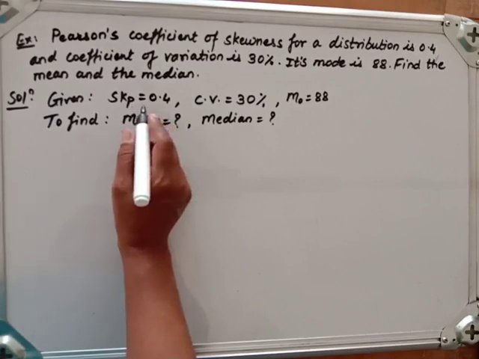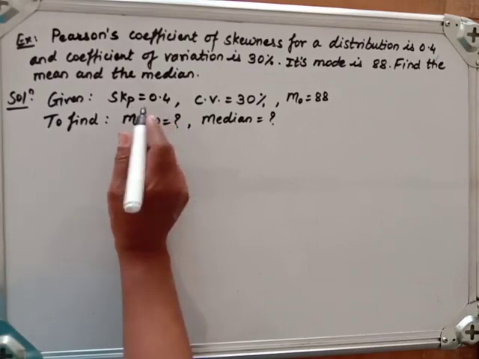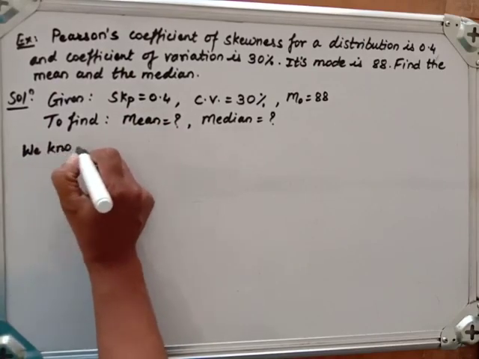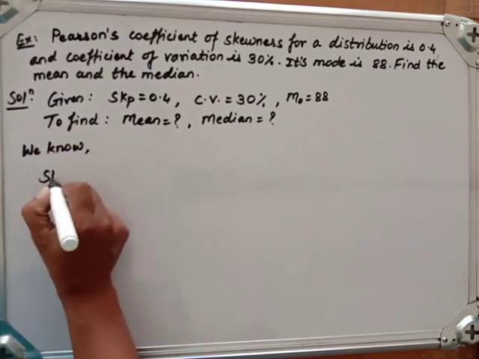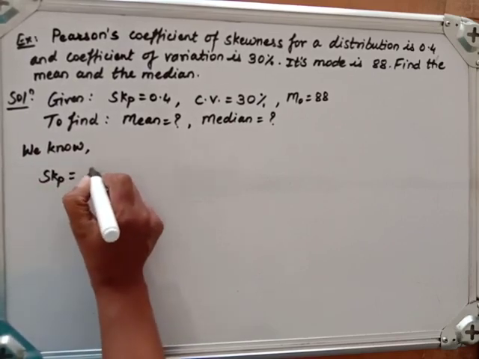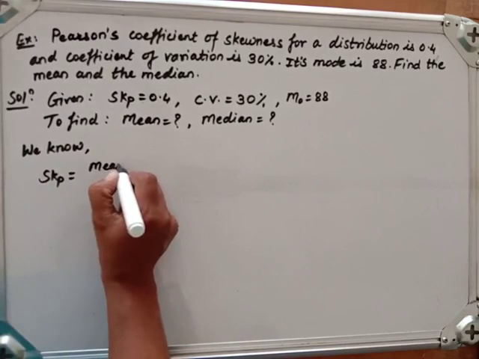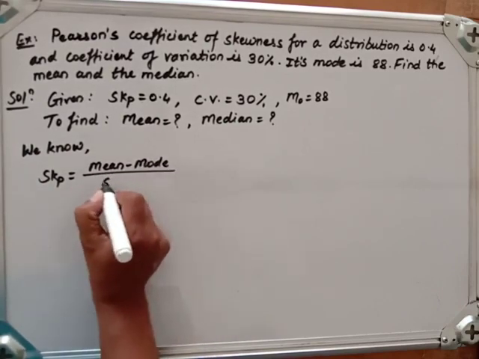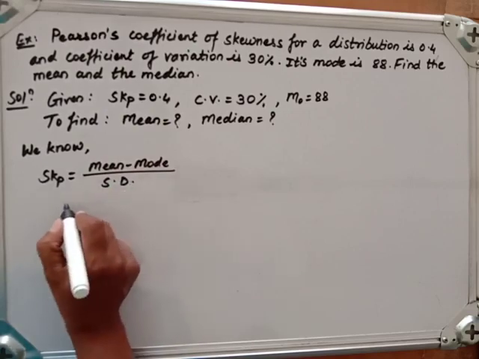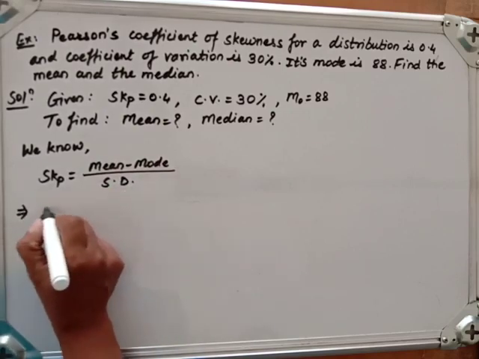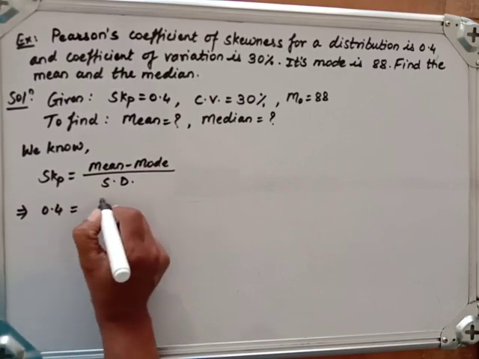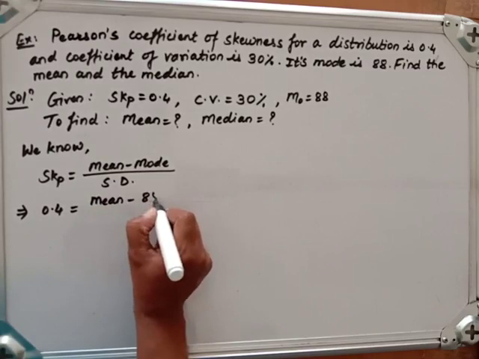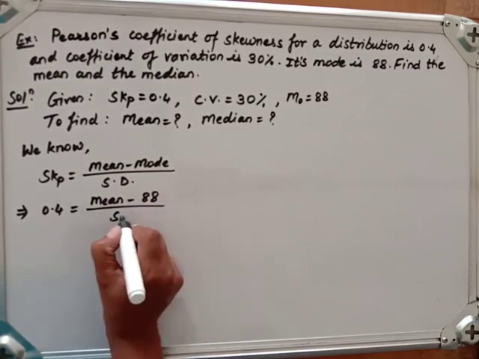Now let us see this one. Pearson's coefficient of skewness is given, so let me start from that. We know that Karl Pearson's coefficient of skewness is mean minus mode upon standard deviation. So 0.4 is equal to mean minus mode, so 88, upon standard deviation.